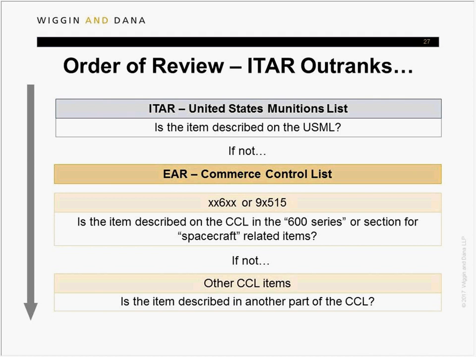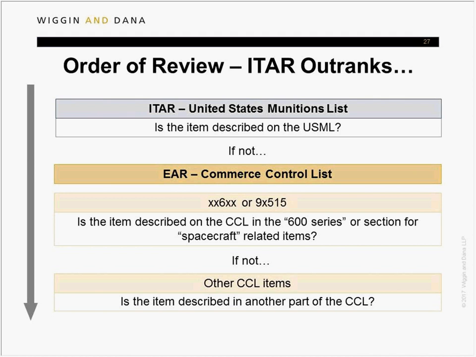For example, is it propulsion related? So if it is, you're going to go to category 9. You figure out whether it's an end item or technology or software, and then you look at that group. So 9E, for example, for aircraft-related technology. And then you're going to go first to 9E6 and check out whether it is controlled by the 600 series.